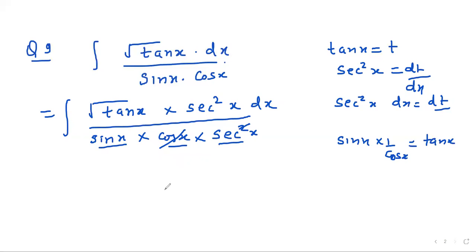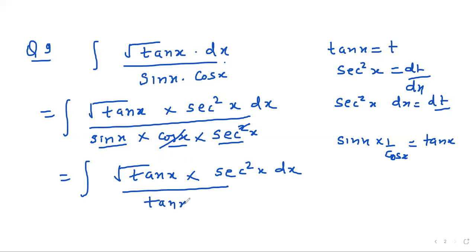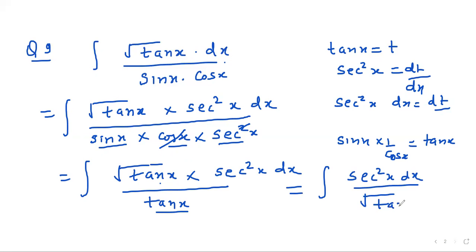So our question will become integration root of tan x into sec square x dx divided by, in denominator, tan x, and this is tan x, here this is under root, so we will write it sec square x dx divided by root tan x, because tan x equal to tan x into root tan x.